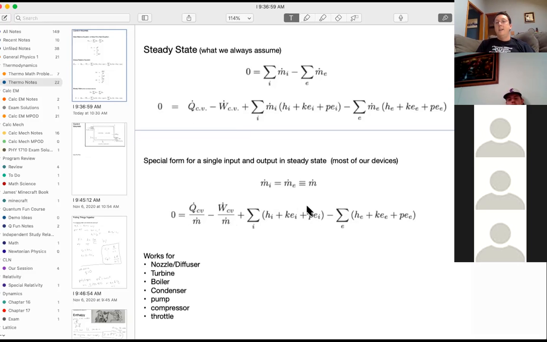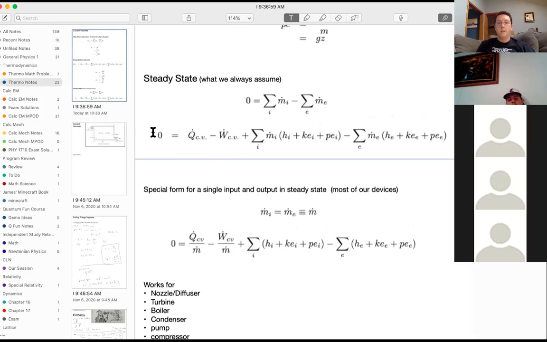Similarly, if you're running it in the energy equation in steady state, you go back up here, it's steady state, so it equals 0. And then if all the m dots, first of all, I should edit this. This is wrong. I can make it a little simpler than what I've written. If you only have one input and one output, you wouldn't sum over the inputs and outputs because there's just one.